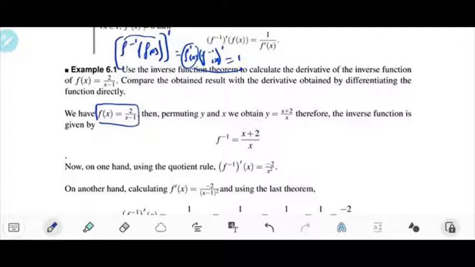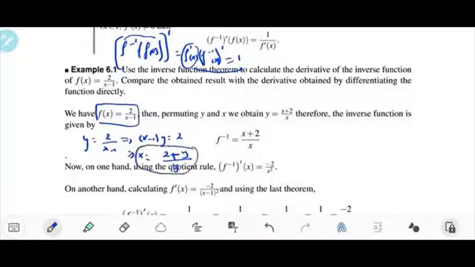function. You know how to do it maybe, but if you don't know, all you have to do is to write y equal 2 over x minus 1, and then calculate x as a function of y. So it means that x minus 1 times y is equal to 2, then x is equal to 2 plus y over y.